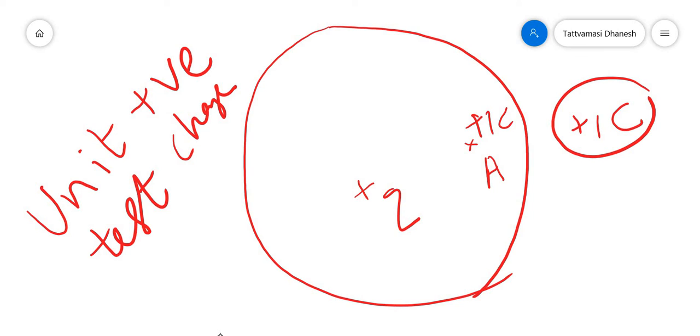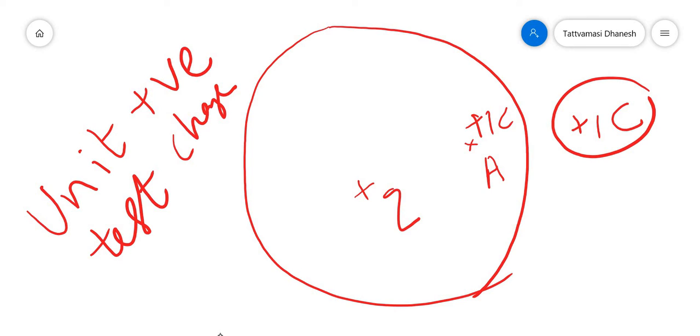Now, to understand these concepts, we need to put it in a definition. That's all. So, what is intensity of electric field?